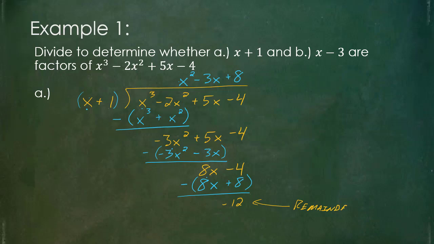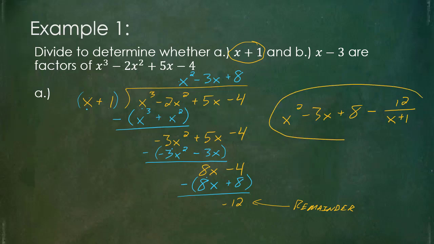So how I deal with that when it comes to rewriting, like what would this actually be? Well, I would essentially write what I have on top, x squared minus 3x plus 8, and then I just put whatever my remainder is. So since that was negative 12, I could say that that's the same as minus 12 over what I was dividing by, which was the x plus 1 in this case, so it would just be over x plus 1.